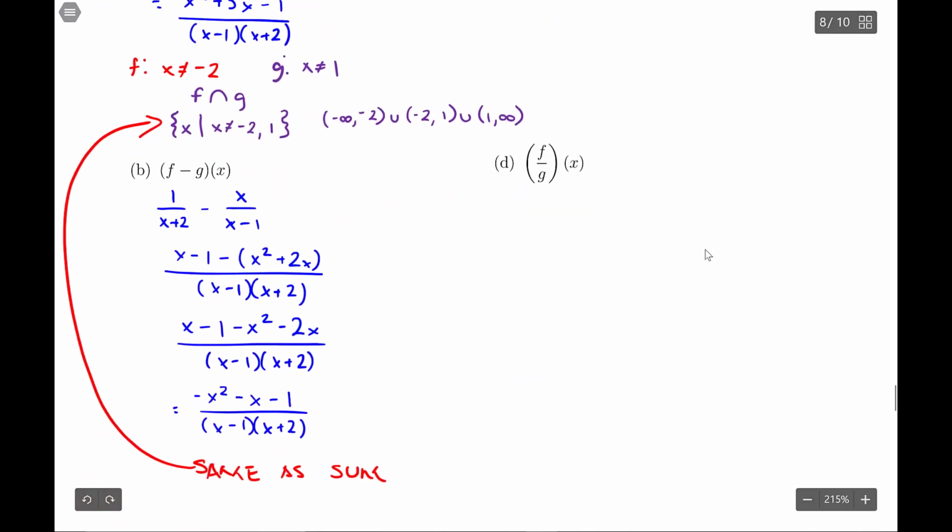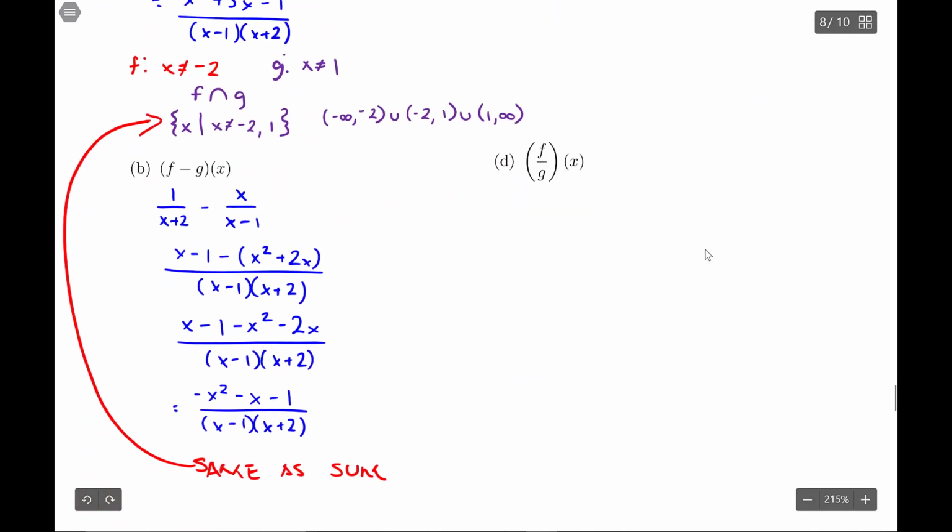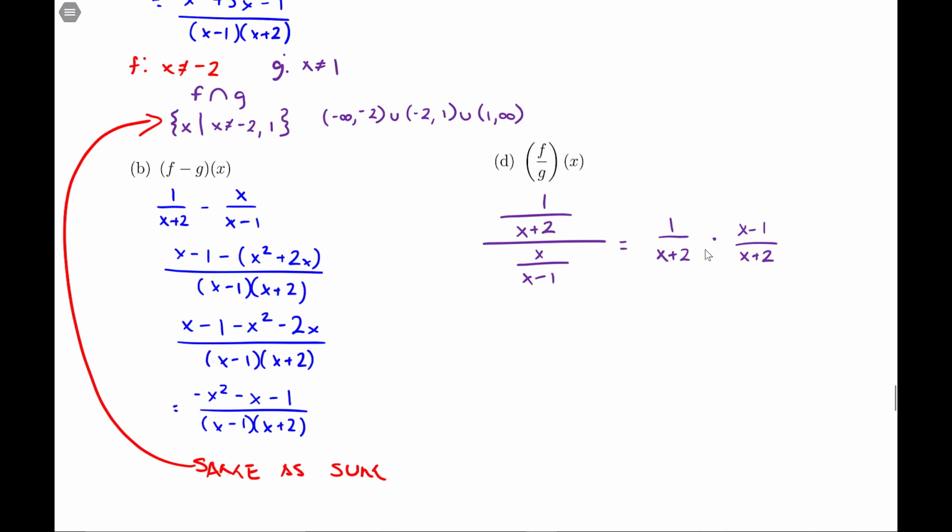D, however, is going to be a little bit different. D is where we're doing the quotient of the two functions. So we have 1 over x plus 2, all over x over x minus 1. Now when you divide fractions, you multiply by the reciprocal, so this is the same as 1 over x plus 2 times x minus 1 over x.